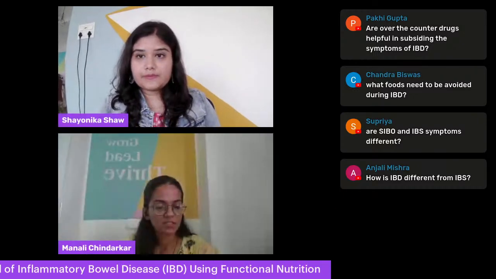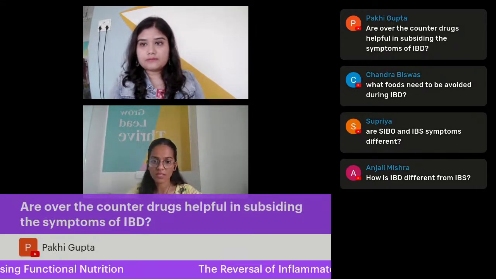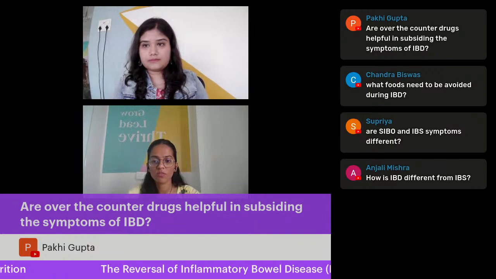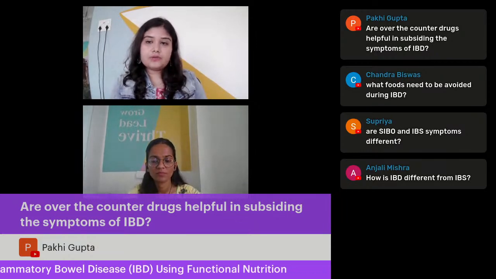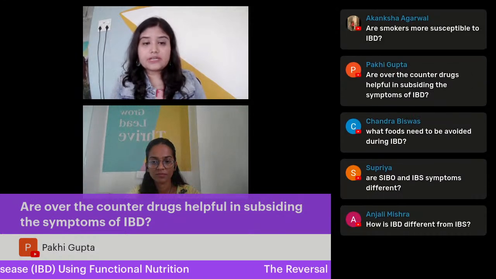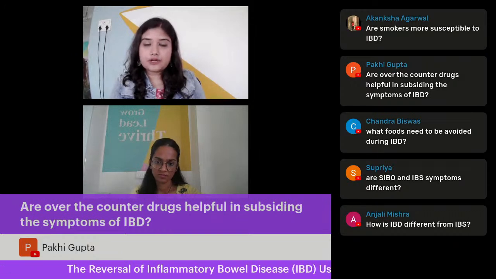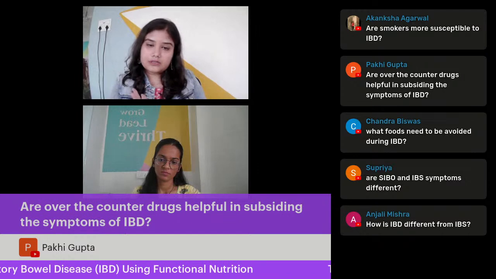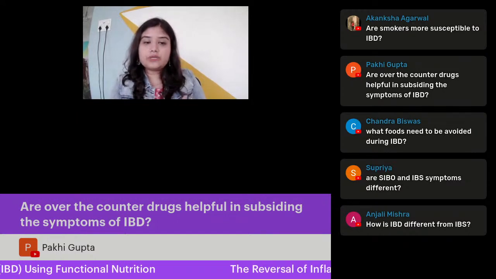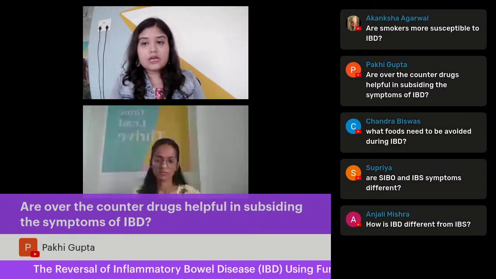Yes. So Paki is asking, are over-the-counter drugs helpful in subsiding the symptoms of IBD? First of all, I would suggest that we go ahead with a blood test to understand what deficiencies our body has and if there is some kind of inflammation or not. Then we should take proper supplements that will heal and help us with our micronutrient deficiencies.